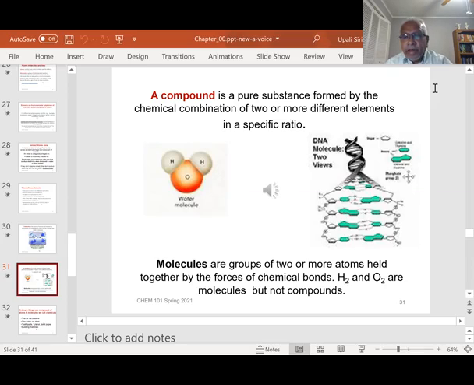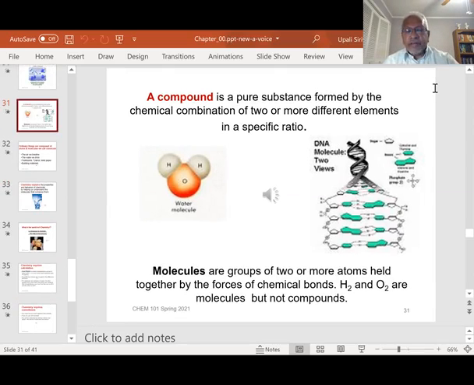DNA is made out of base pairs, sugars, phosphate. It's a backbone of DNA molecules. So the idea is, unlike elements, molecules are groups of two or more atoms held together by chemical bonds, just as in water. A molecule always has more than one atom, okay?